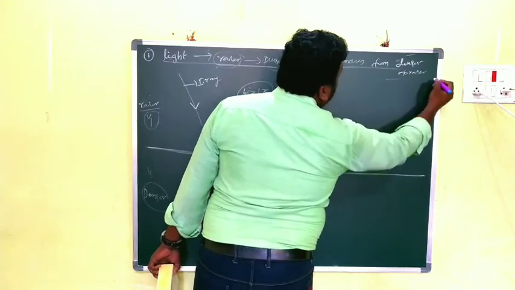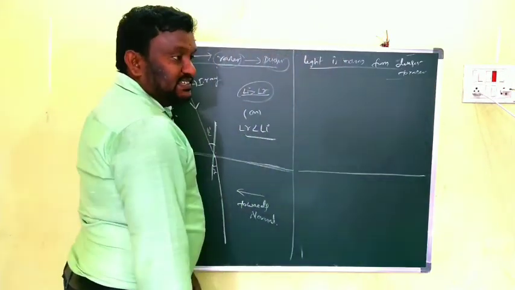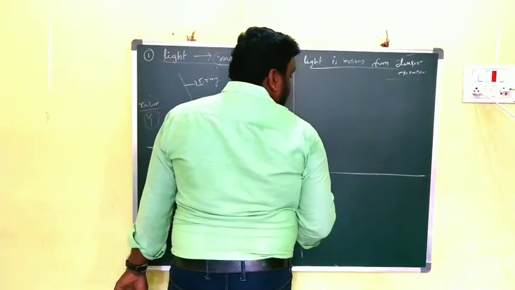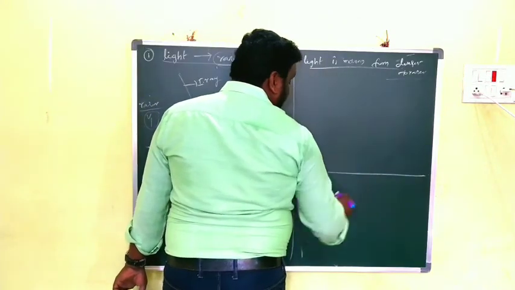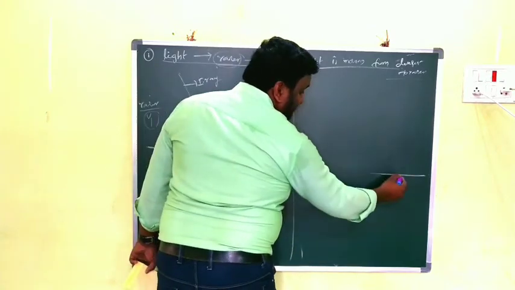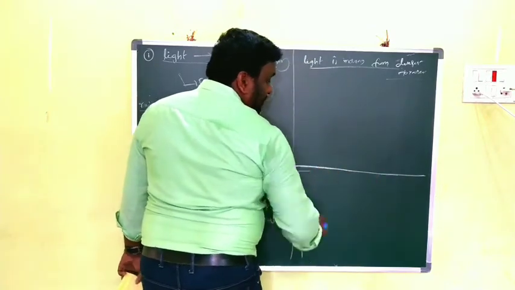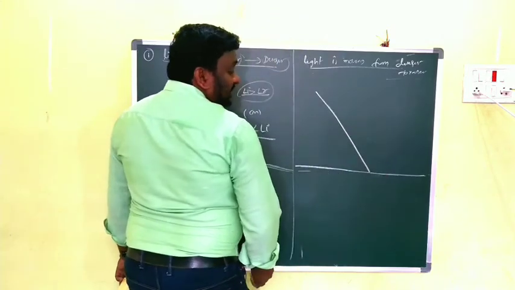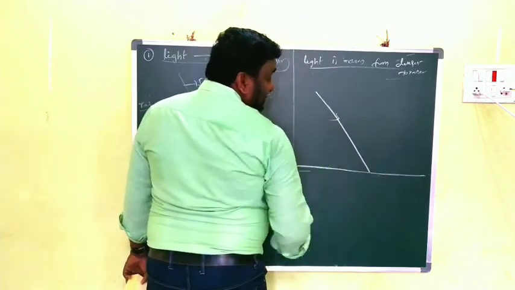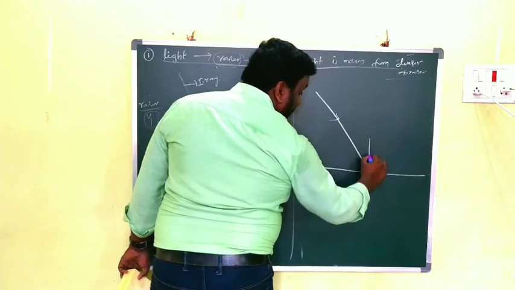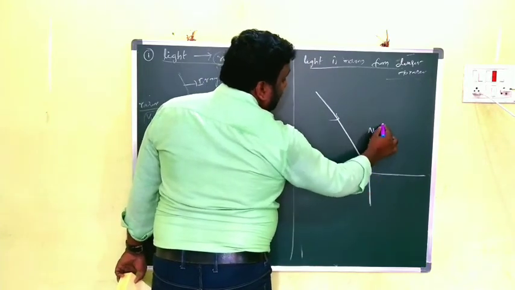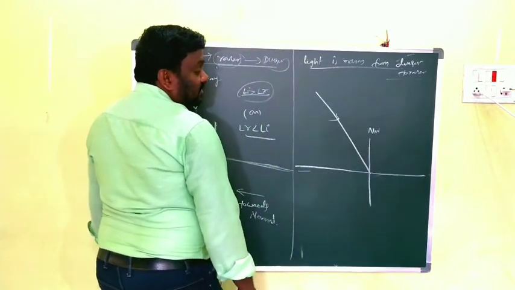So here again, this is the interface. This is the incident ray, and this is the point of incidence. This is the normal.